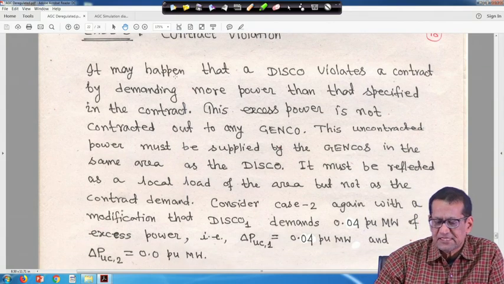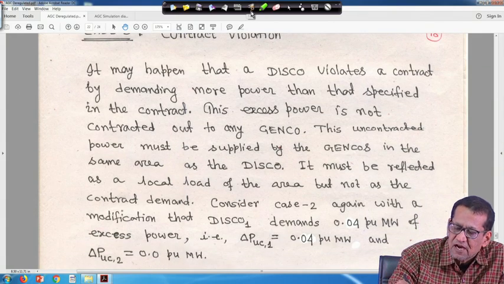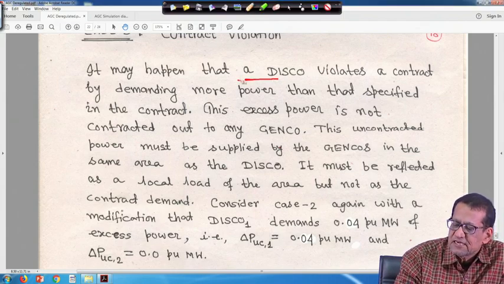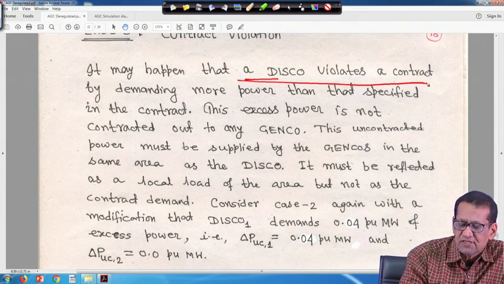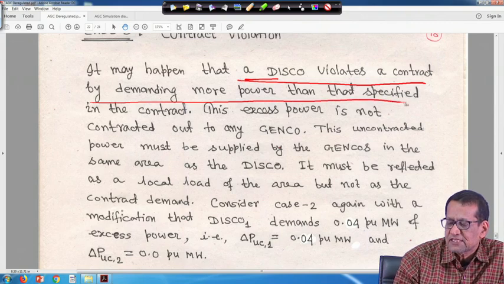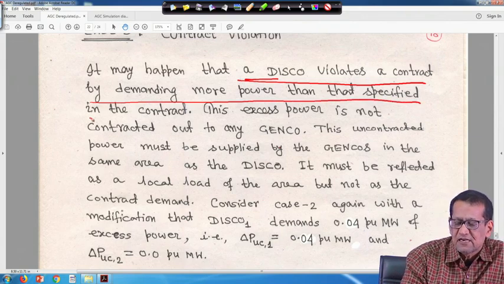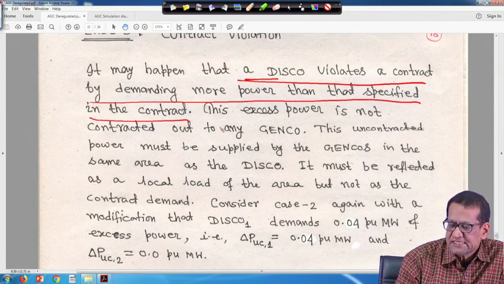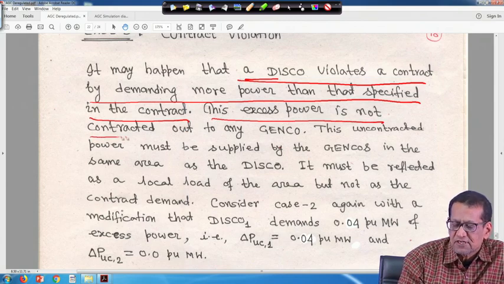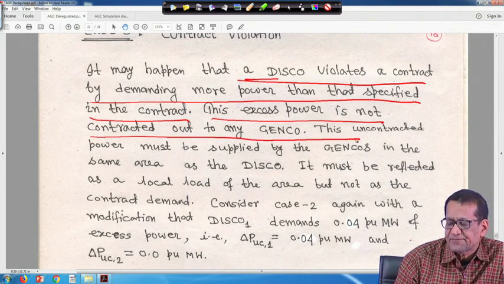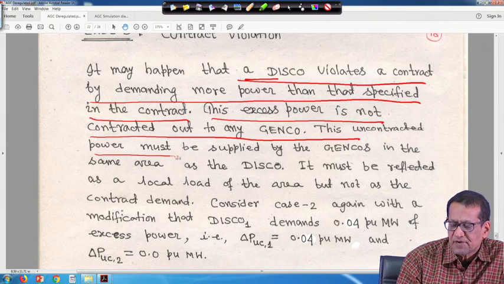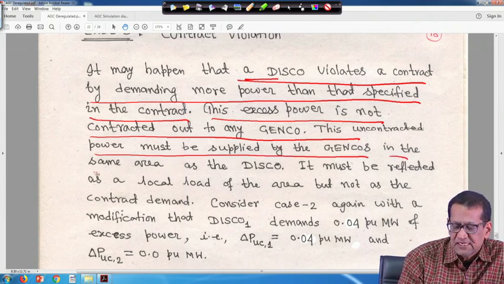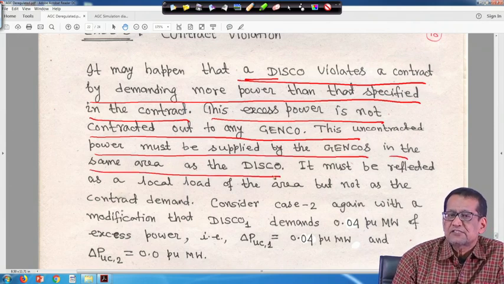It may happen that a DISCO violates a contract by demanding more power than that specified in the contract. This excess power is not contracted out of any GENCO. This uncontracted power must be supplied by the GENCOs in the same area as the DISCO.